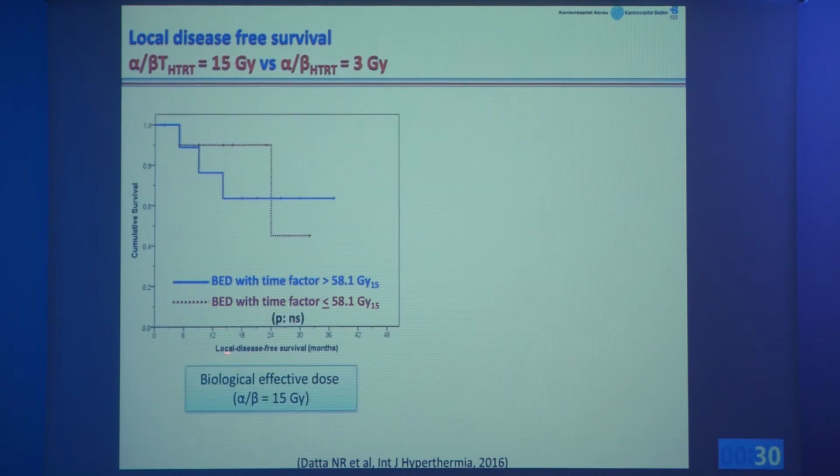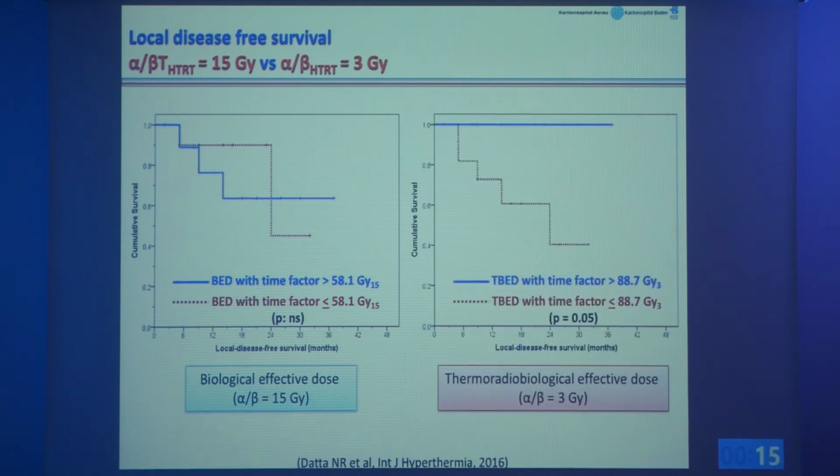If we do that and look at the long-term local disease-free survival, we don't find any difference when the BED is more or less, which was quite surprising. But now, if we keep the alpha beta value at 15 for radiotherapy and compute the thermoradiobiological effective dose, there is a drastic change. It certainly means that your alpha beta changes from 15 to 3 by adding hyperthermia. That's what we saw for this subset of patients.